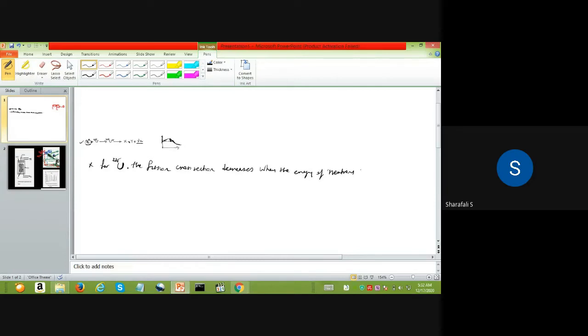So this is for uranium-235: the fission cross-section decreases as the energy of neutrons increases.